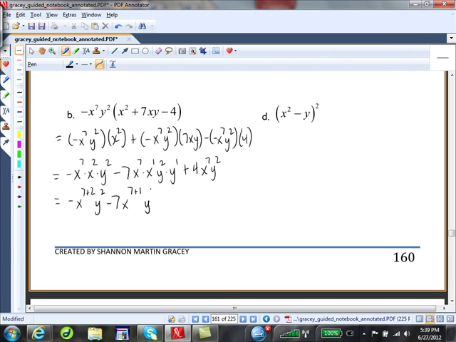Y will be raised to the 2 plus 1. Then plus 4x to the 7th y squared. So then we will have negative x to the 9th y squared, minus 7x to the 8th y cubed, plus 4x to the 7th y squared, and we're all done.